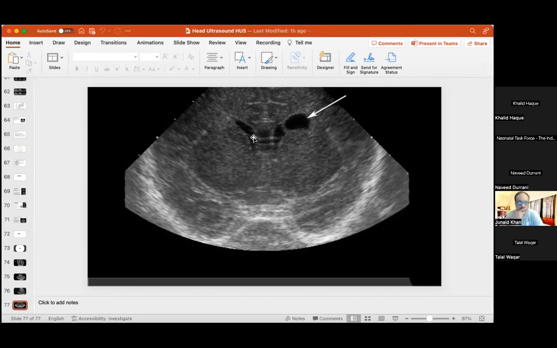This will come in that, because without the ventricular index you cannot decide whether to intervene or not. You need to know whether the ventricles are increasing along with other clinical signs, mainly the head circumference, which is increasing. So these are the three things the neurosurgeons take into account, and we as neonatologists as well.